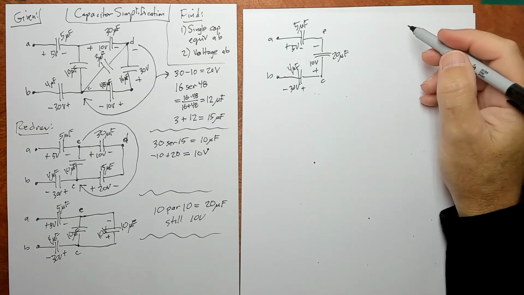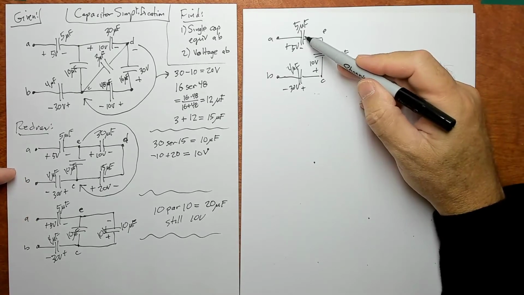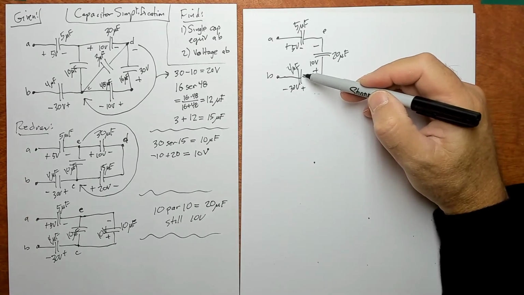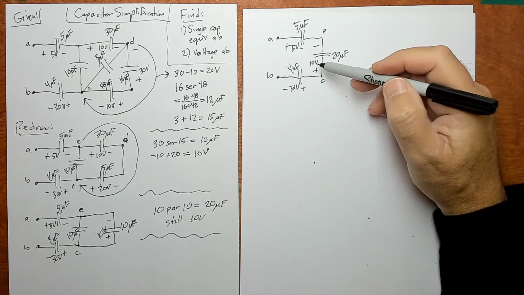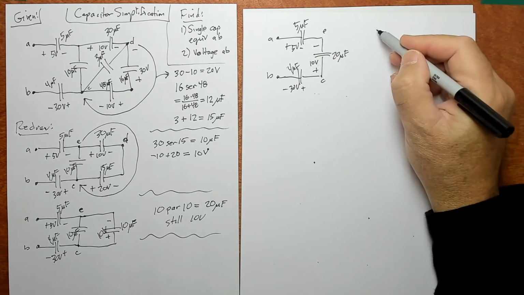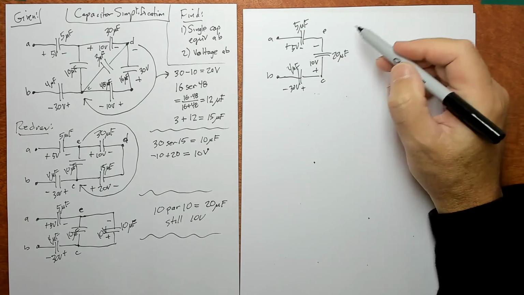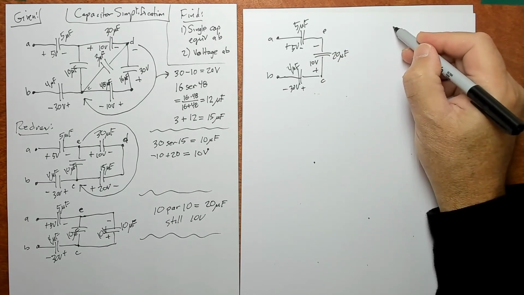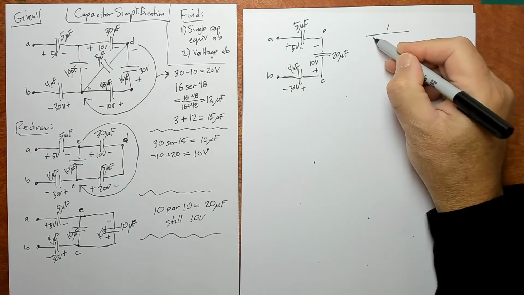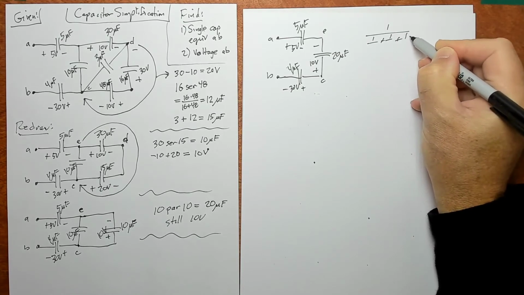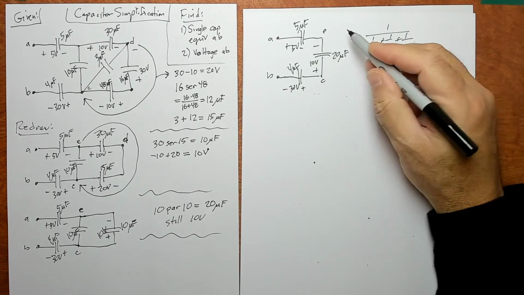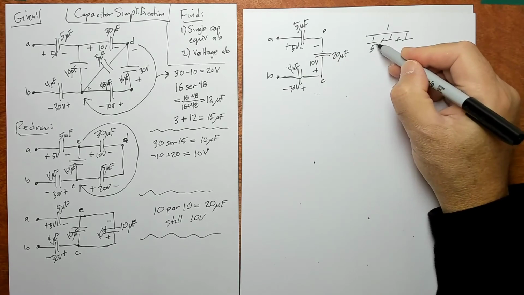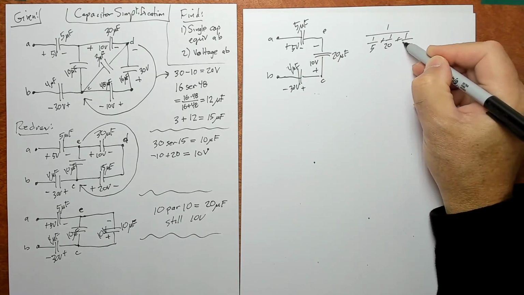And then we have 3 in series. No, series, 3 in series. So the equivalent of this is going to be 1 over 1 over plus 1 over plus 1 over, right? The 5, the 20, and the 4. 5 microfarad, 20 microfarad, 4 microfarad.